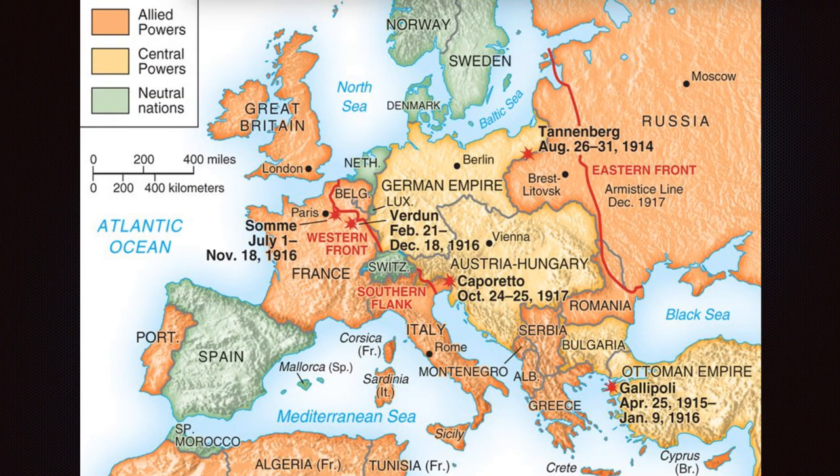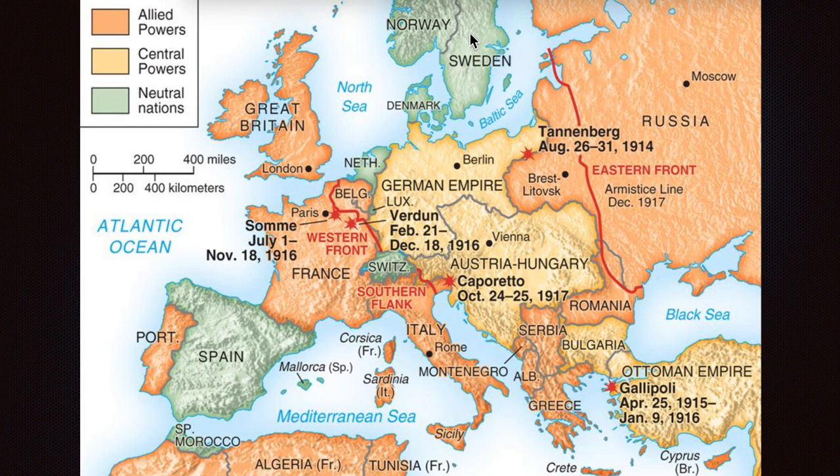So this is what the breakdown between the Allied powers and the Central powers looked like in World War I. So you can see that the Central powers include Austria-Hungary, the German Empire, Bulgaria, and the Ottoman Empire. So they are fighting against the Allied powers, which include Russia, Romania, Serbia, Albania, Greece, Italy, France, Belgium, Great Britain, and some other countries, and eventually the United States.